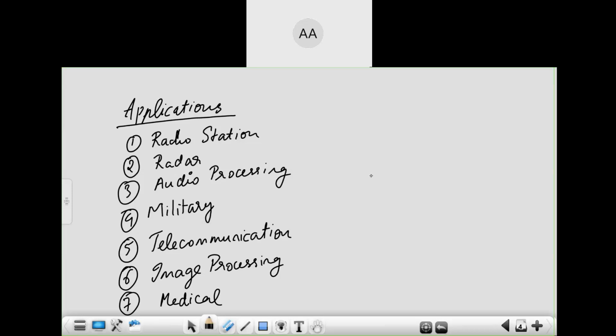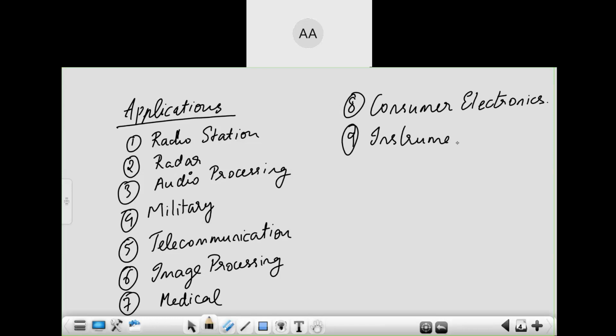All right. So any other applications? Whatever you're saying will also come under something called consumer electronics. Whatever you see in your daily life where DSP is applied, you can explain as consumer electronics. Besides this, in industry, there is something called instrumentation control, wherein you need to perform certain operations based on the signal's status.